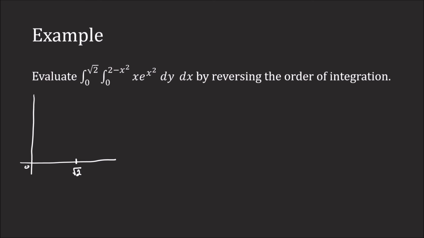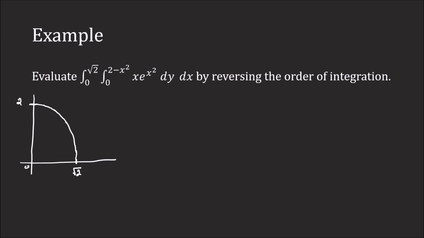And then from 0 to y equals 2 minus x squared. So 2 minus x squared is going to look something like this. Well, that is 2. So this would be our region in here.